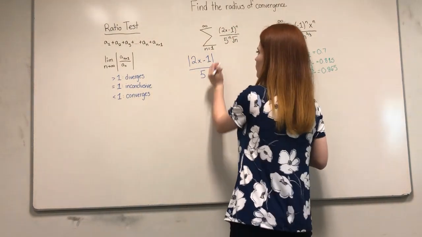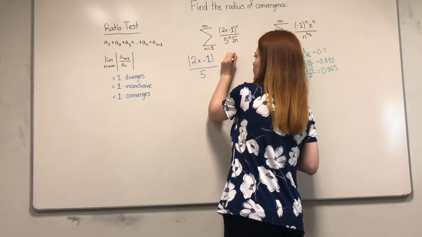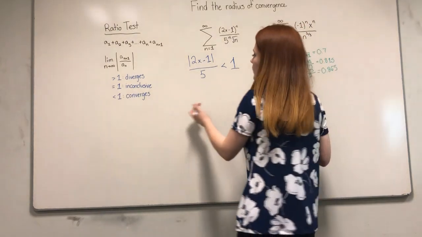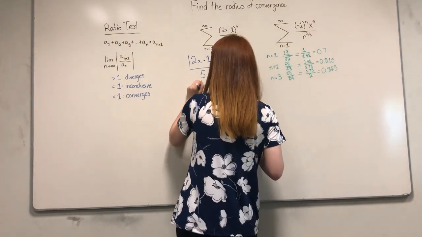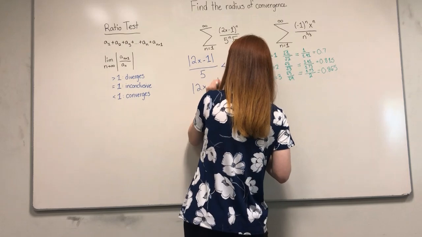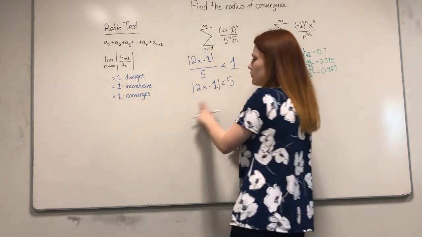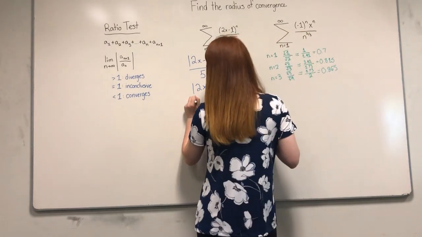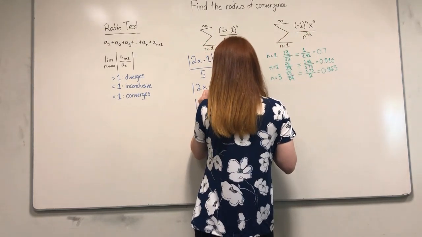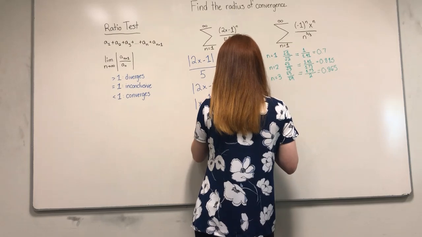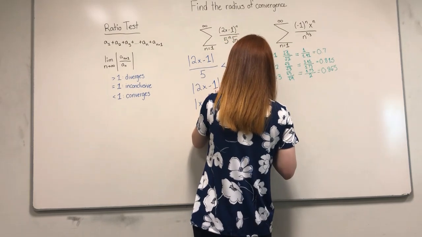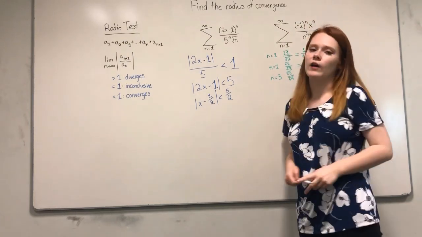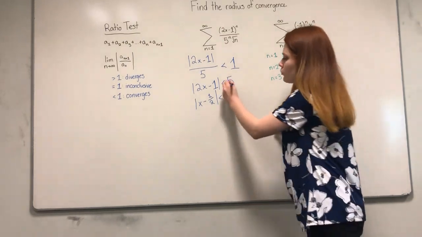So we're going to set this less than 1 because we're trying to find where it converges. And so we can simplify this again, that the absolute value of 2x minus 1 over 5 is less than 1. And then you can also simplify this even further by dividing by 2. And you get 5 halves. And so this is your radius of convergence.